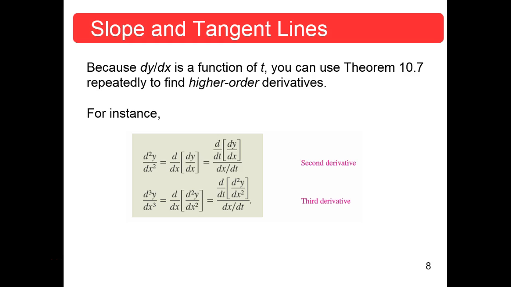The third derivative is d of the second derivative with respect to t, over dx dt. You just always divide by dx dt. So there's your third derivative. Okay. And you can keep on climbing as many as you want to.